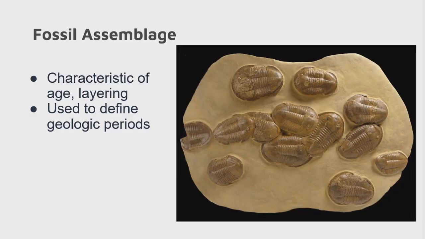So again, how do we define these more recent time periods on Earth? It's pretty much all based off of fossils and life forms. We call these fossil assemblages. And the idea is that if you're digging in some sediment and you find this trilobite fossil, that's what these are called.